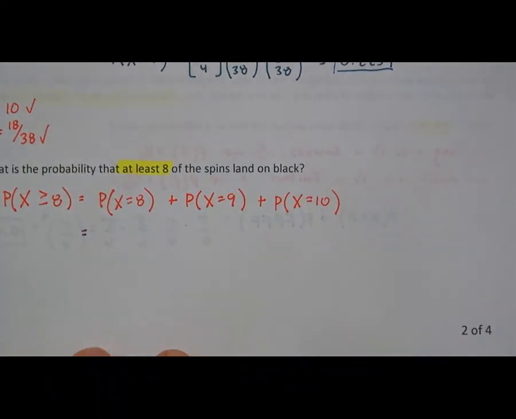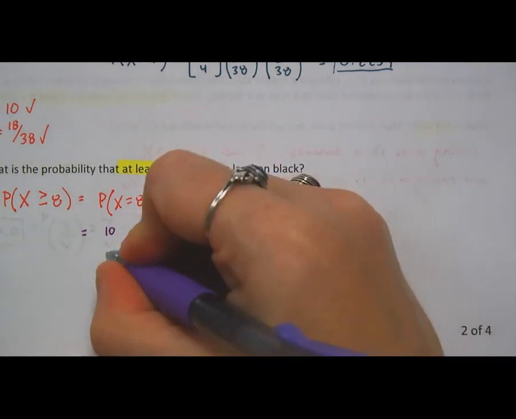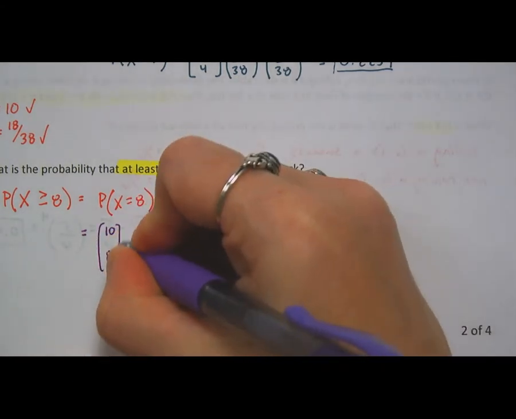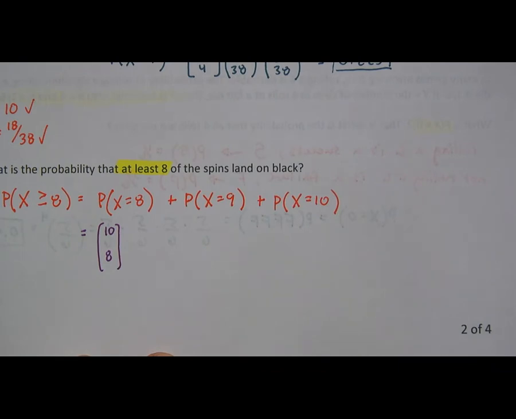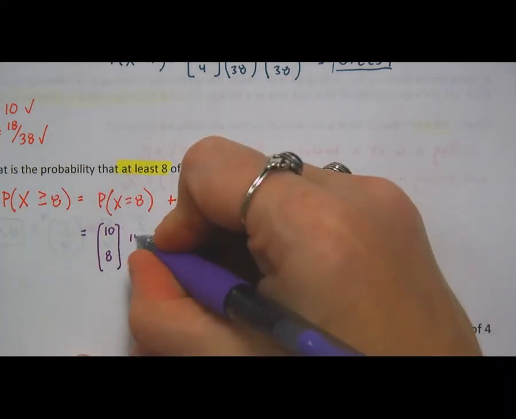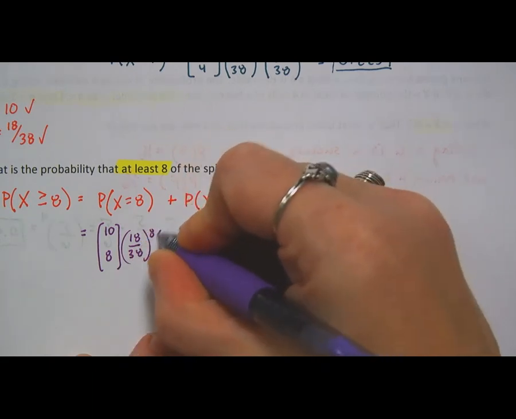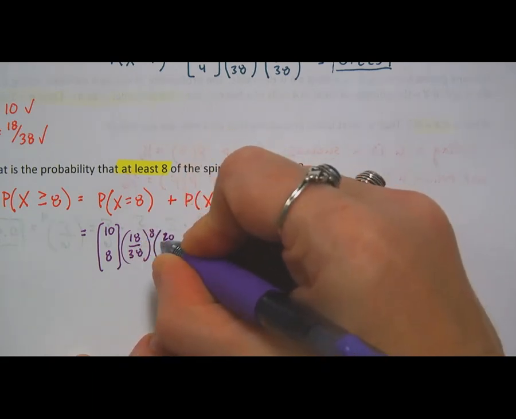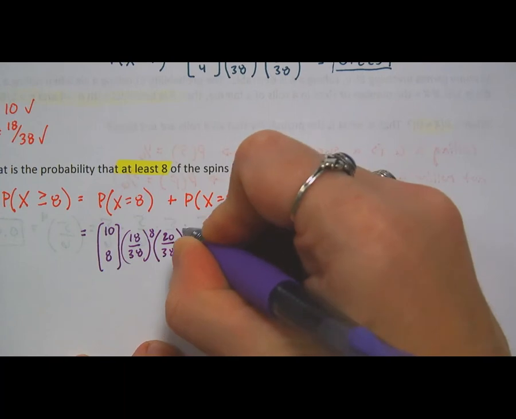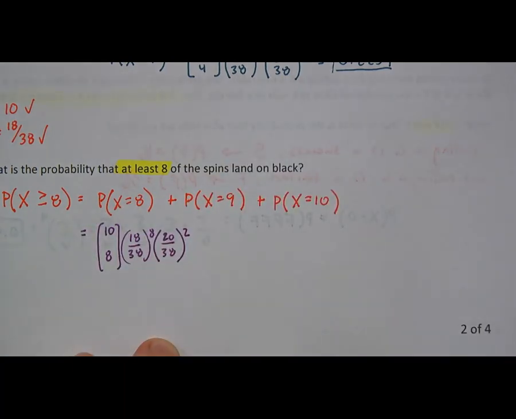See how fast you can do this though. 10 trials, I want 8 successes. So I'm going to multiply that by the probability of success to the 8th power times the probability of failure to the 2nd power, because the exponents will always add up to be the number of trials.